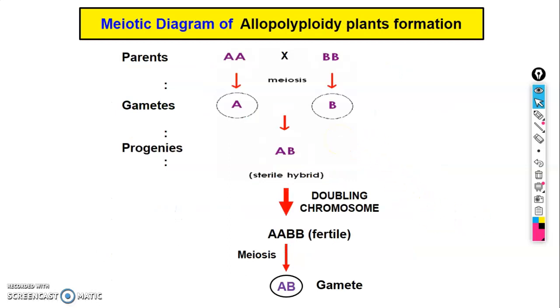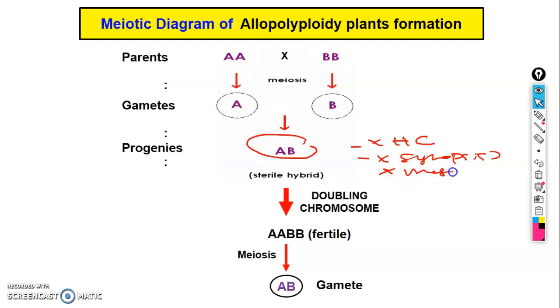For example, we have species A and species B. Species A produces gametes without non-disjunction, and species B also, producing progenies with A and B. A and B are non-homologous, and they become a sterile hybrid, meaning they cannot produce gametes because there is no homologous chromosome, cannot undergo synapsis, meaning meiosis fails, and cannot produce gametes.